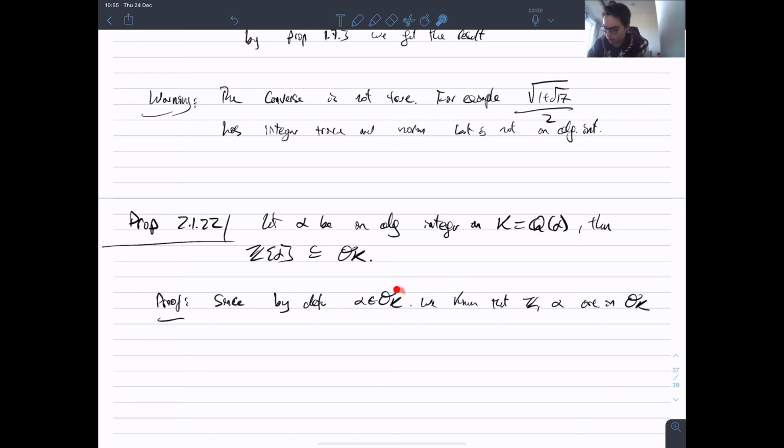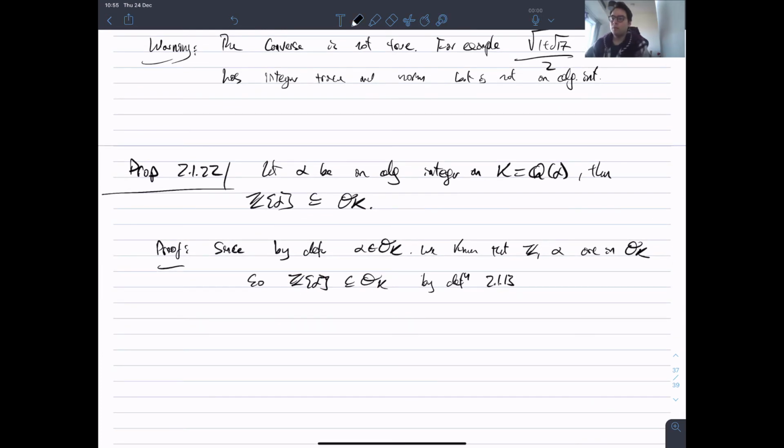Every commutative ring of characteristic 0 contains the integers, and it contains alpha. So it has to contain the smallest ring which contains Z and alpha. So it has to contain Z[alpha]. We know that Z and alpha are in O_K, so Z[alpha] is in O_K by definition. The definition that we gave was 2.1.13, which was just that this is the smallest ring which contains these things. Great, so the ring of integers always contains this thing, Z[alpha].